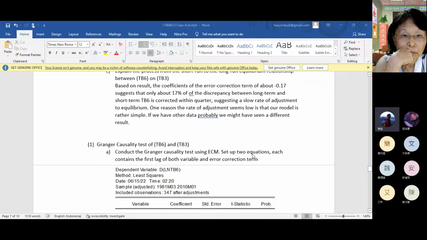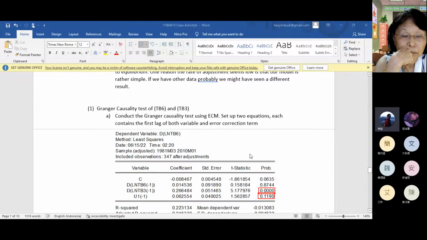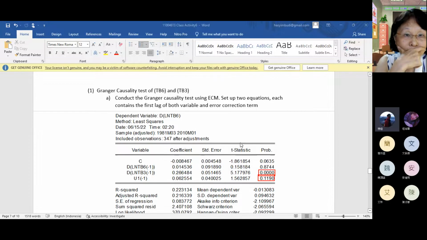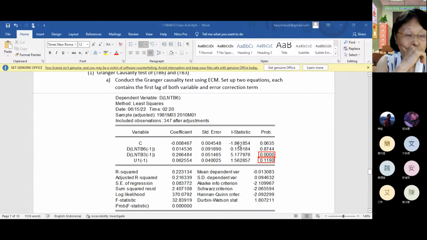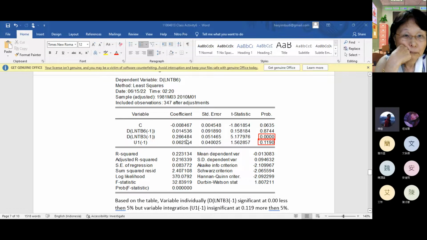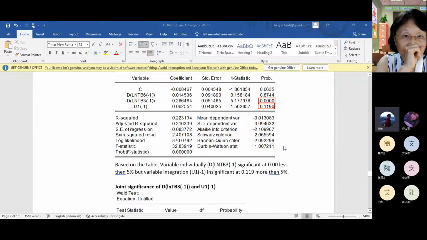Then the linear causality test between TB6 and TB3. We can see in the model that TB3 is significant and error U1 is not significant.